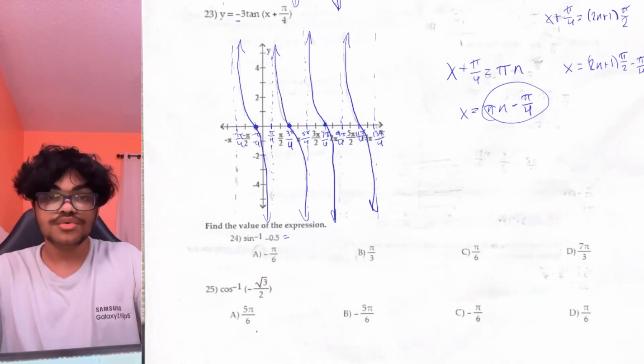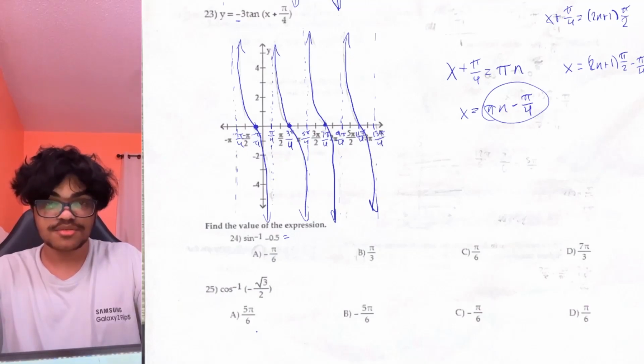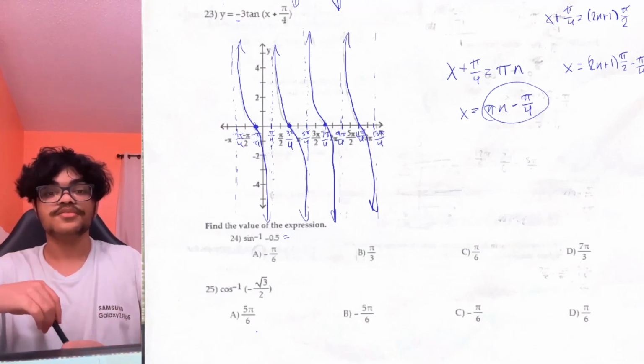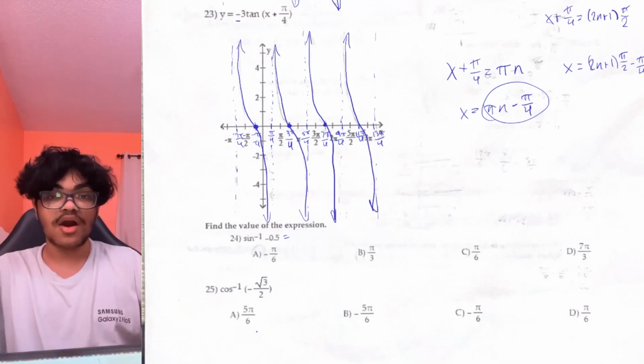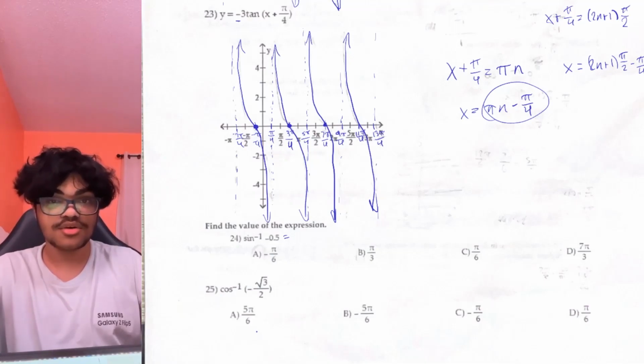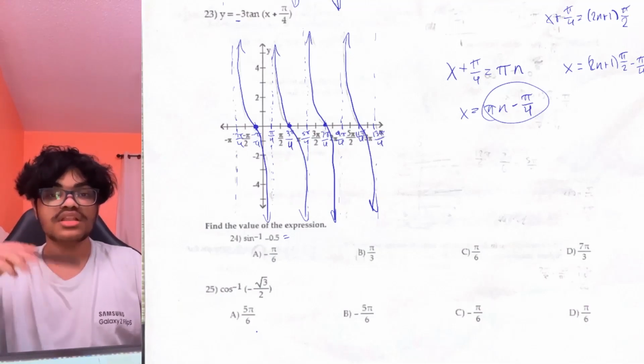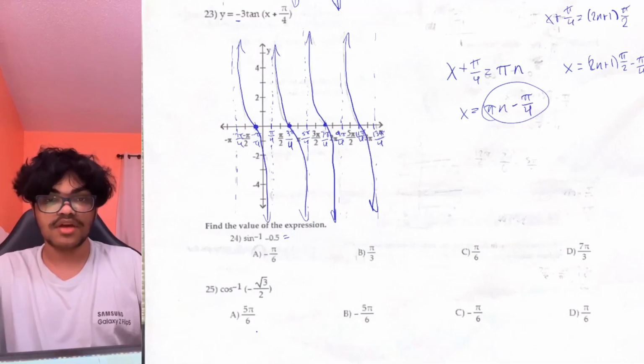Alright, now our next two problems deal with inverse functions of trigonometric functions. When we have the inverse of a trigonometric function, this basically means that we'll take a value that was outputted by a sine, cosine, or tangent function, and we'll get the angle that would produce that value.